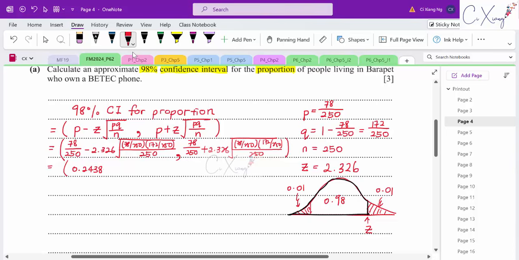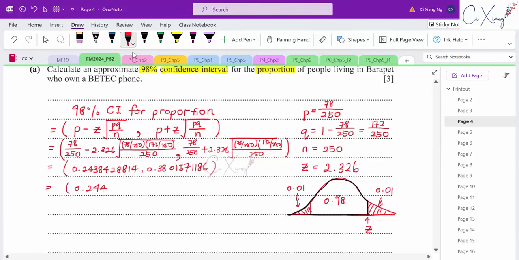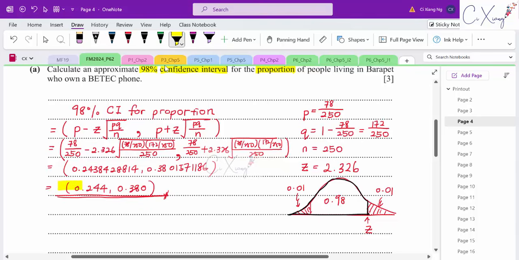For me, if I use everything originally, I'll get, of course, two long numbers here. Then only I cut it short into 3 significant figures. Okay, so by right, my 98% confidence interval for proportion should be these two values, the lower limit and also the upper limit. Yeah, so this is how we found the confidence interval for proportion.